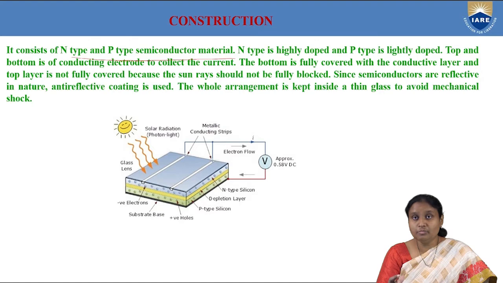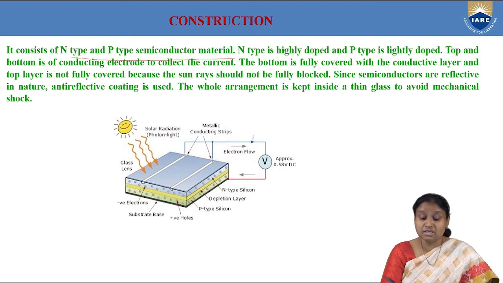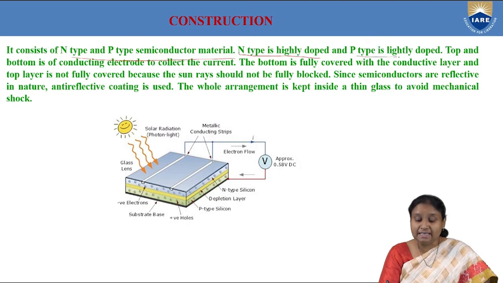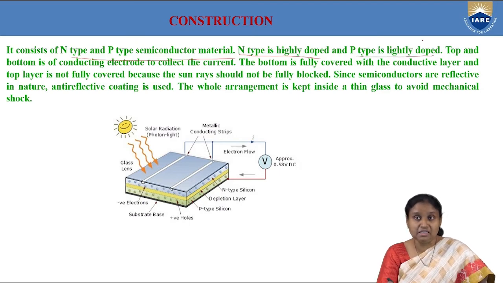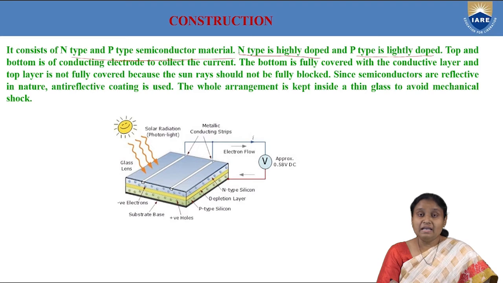But in a solar cell, the N-type is highly doped, whereas the P-type is lightly doped. So we maintain the N-type semiconductor highly doped, which means we add a lot of pentavalent impurities, whereas in the p-type semiconductor a small amount of trivalent impurities is added. In this way, it is different from the Zener diode.